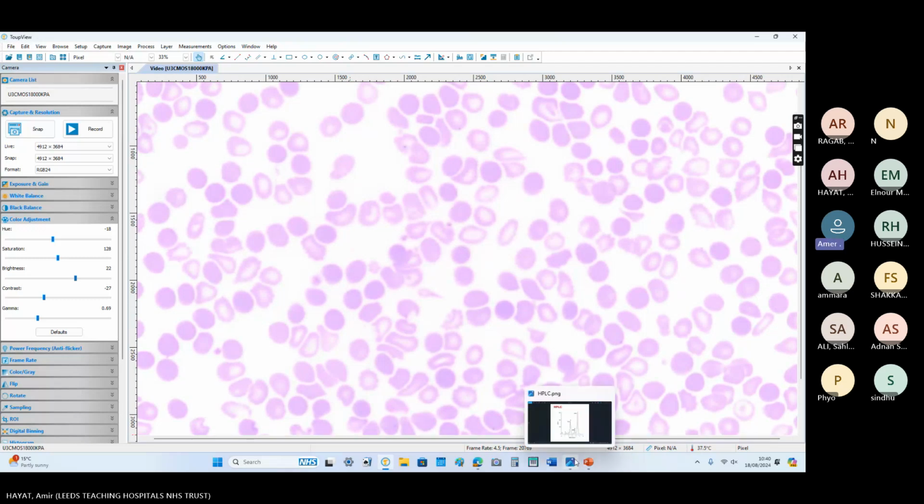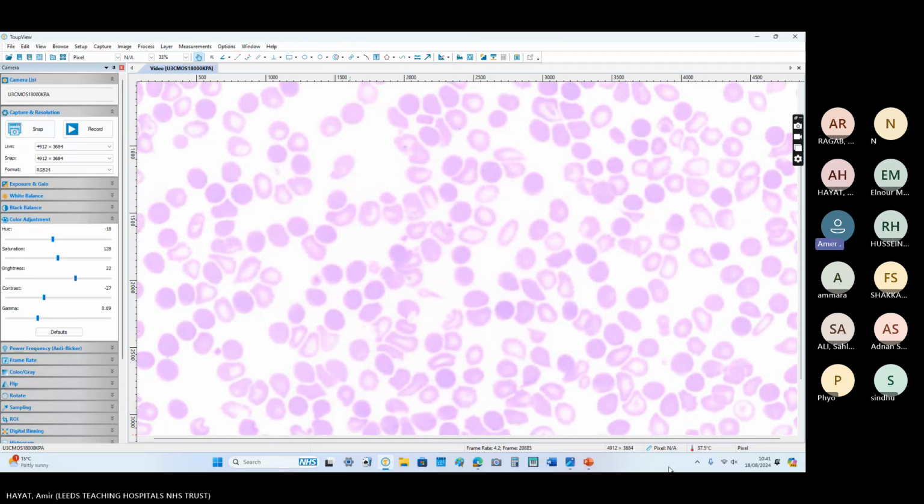This is an 18-year-old female who is an immigrant to the UK, and she was referred by the GP to us because she's feeling very tired and lethargic.